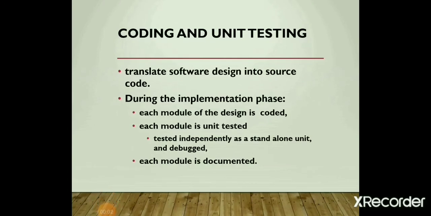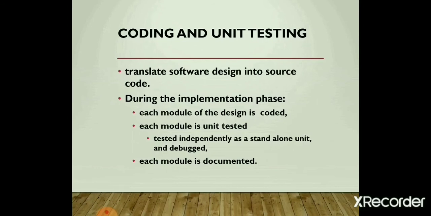Coding and unit testing. In this phase, the programmer translates the software design into source code. During the implementation phase, each module of the design is coded. Each module is unit tested independently as a standalone unit and debugged.